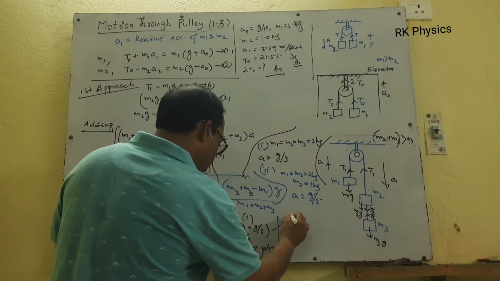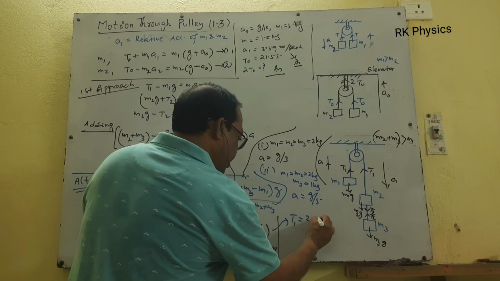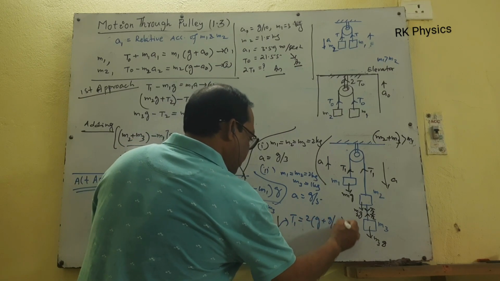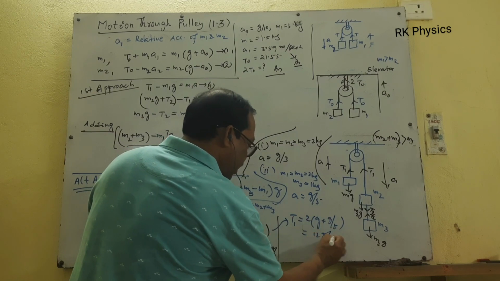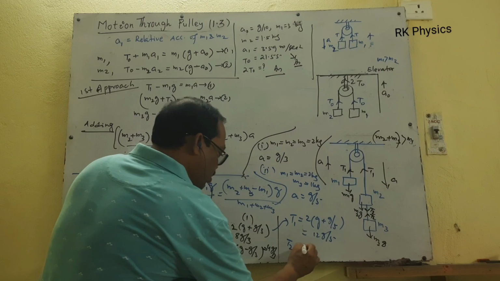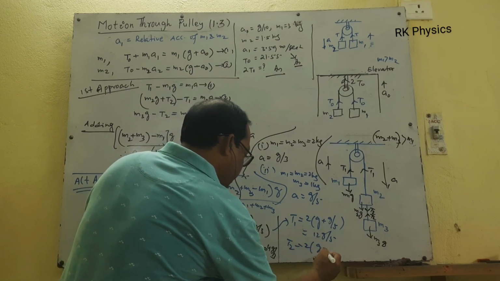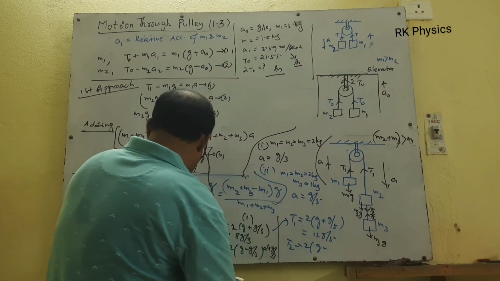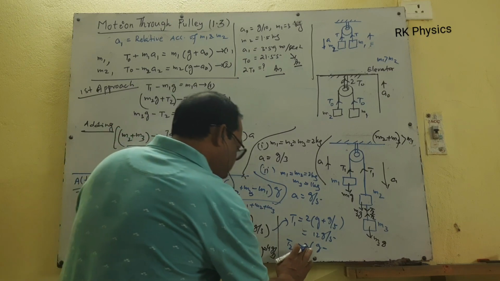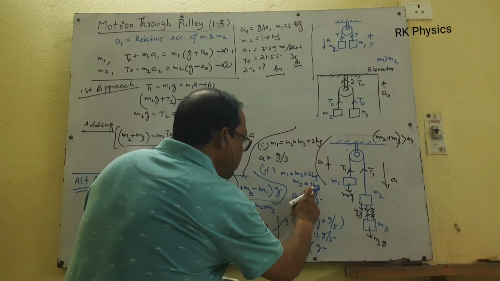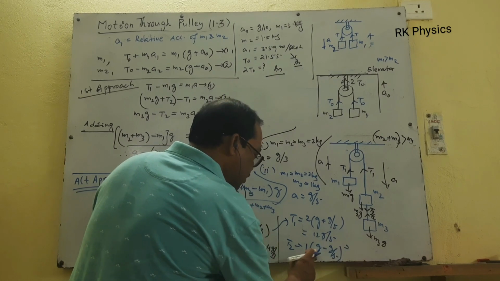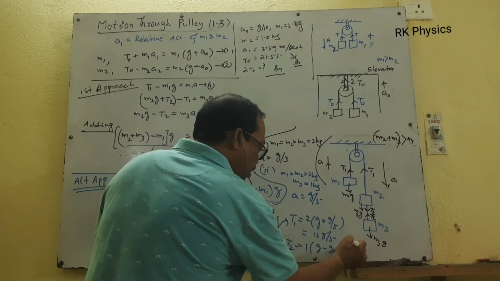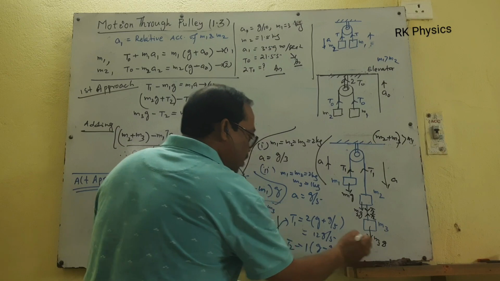What is the tension T1? T1 is 2 into (g plus g by 5), that means 5 plus 1 is 6, 6 into 2 is 12g by 5. Now what is T2? Sorry, M3 in this case is 1, so g minus g by 5, this is 5 minus 1 is 4, into 1, that is 4g divided by 5.